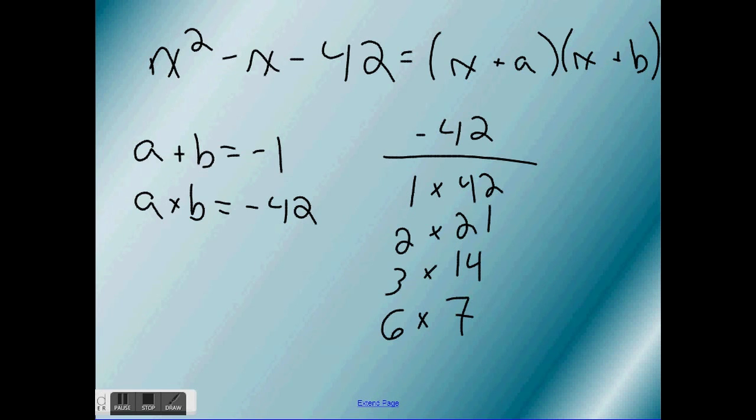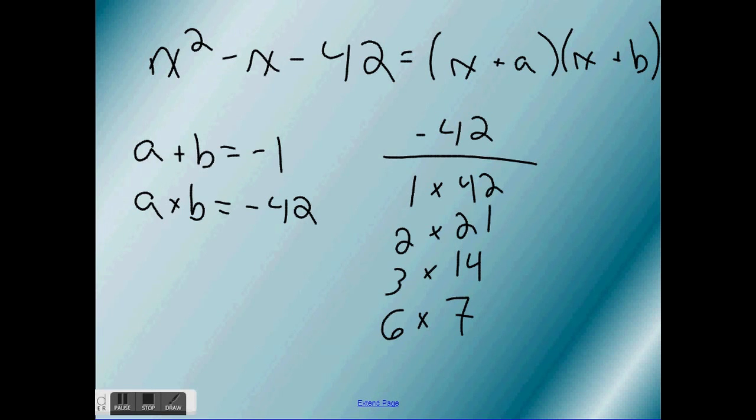Now, because I know that it's a negative 42, one of these numbers has to be negative, because in order to get a negative answer when multiplying, one number has to be negative and one number has to be positive. So I need to look at these and see which of these numbers will give me a difference of 1.